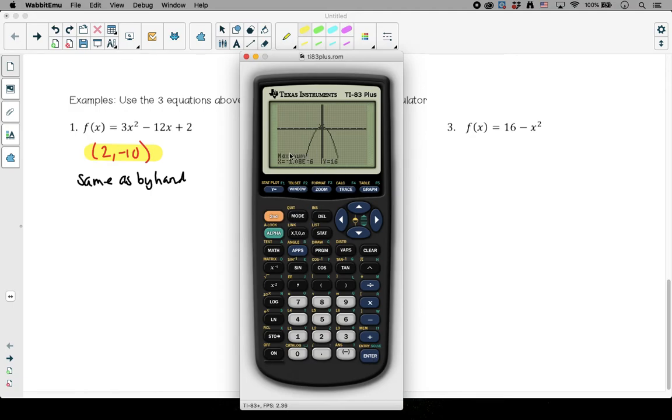Now, this value looks really weird. What you need to notice here is that it says negative 1.08 e negative 6. This e is scientific notation saying that there are 6 zeros in the front of all this, or it moves the decimal 6 places to the left because it's negative 6.